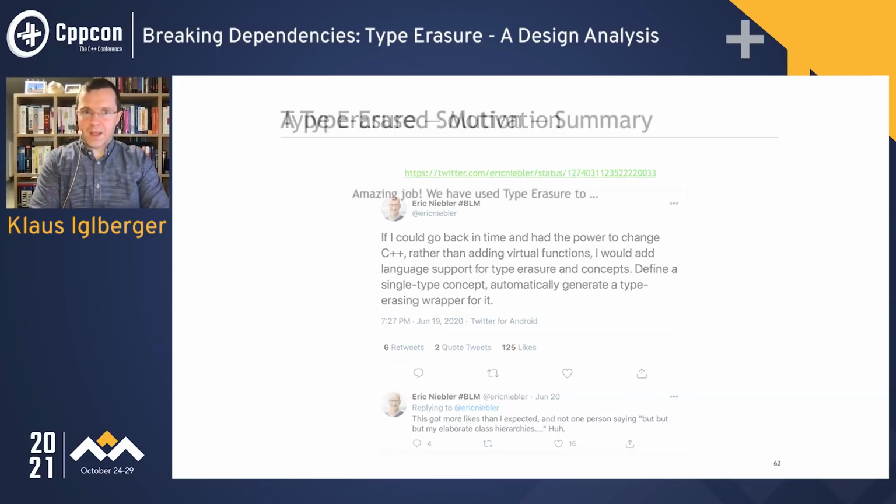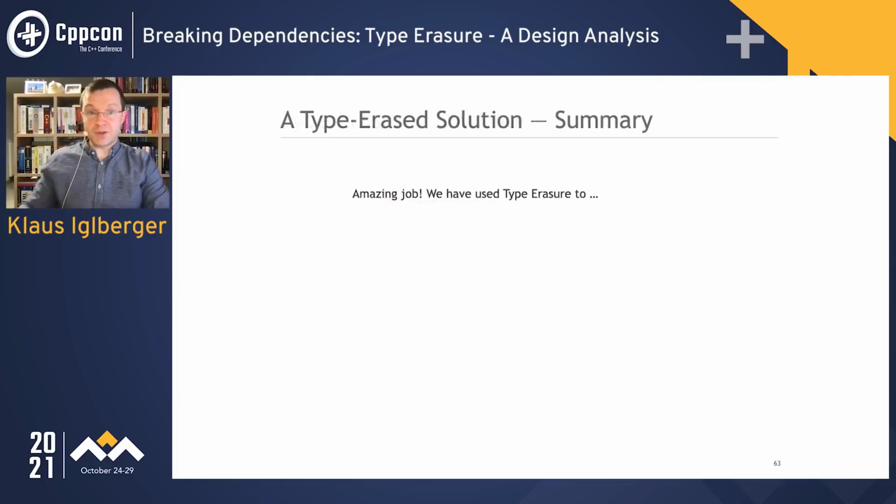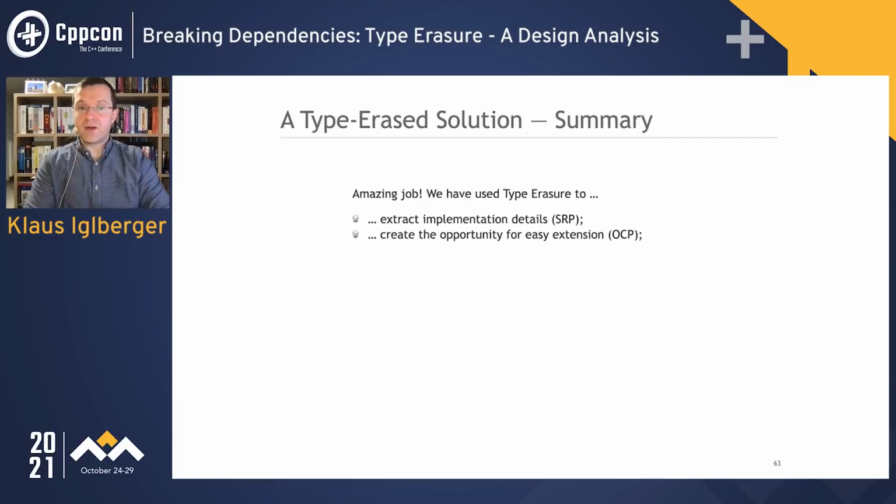All right. So indeed, amazing job. To summarize, we have used type erasure to extract implementation details. Definitely. We have created the opportunity for easy extension. Definitely. Now we can add circles, not circles, but rectangles, ellipses very, very easily. Loose coupling indeed. We have still very, very separated interfaces.